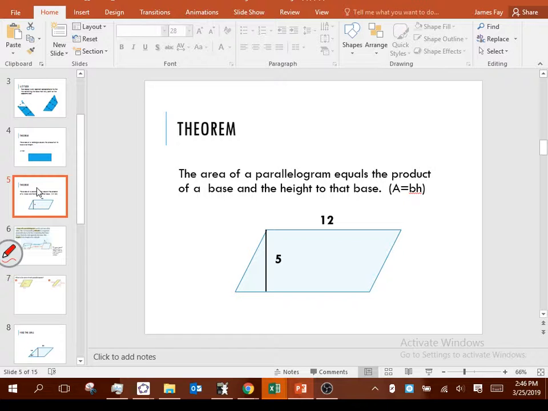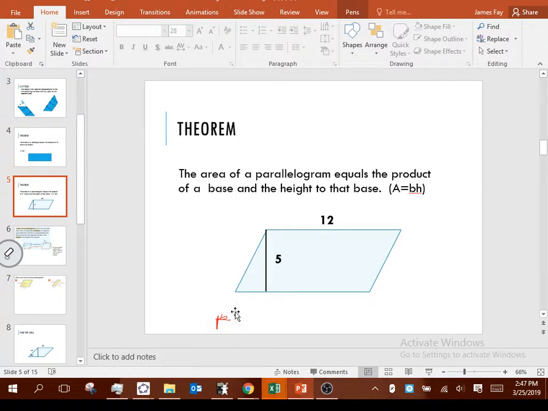Okay? But a parallelogram is not a rectangle, right? Okay? So that logic maybe doesn't make a whole lot of sense. The reason it's B times H is kind of what Kenny was saying, is that it's a slanted rectangle, okay?